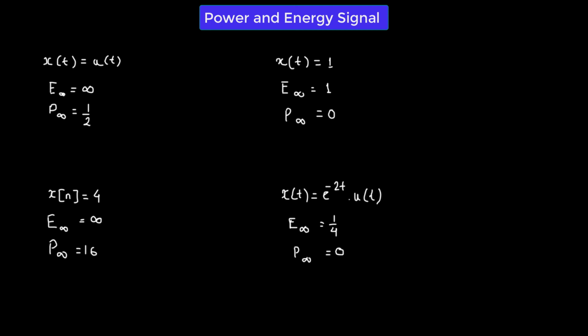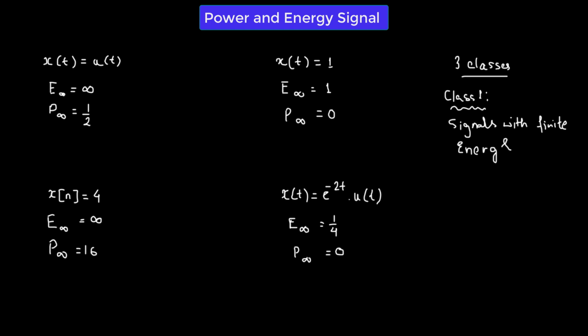So based on all these 4 different types of examples, we can identify 3 important classes of signals. In class number 1, we have signals with finite energy and 0 average power.